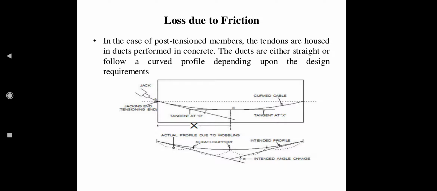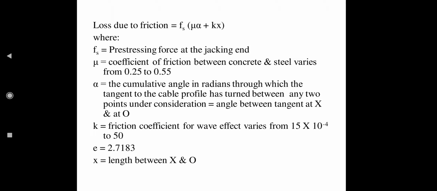As a result, the cable comes in contact with the duct at this point and an angle is developed. If we draw a tangent with respect to this surface, we will get an angle, and that angle is called alpha, which is a cumulative angle, and this angle is considered in terms of radians.